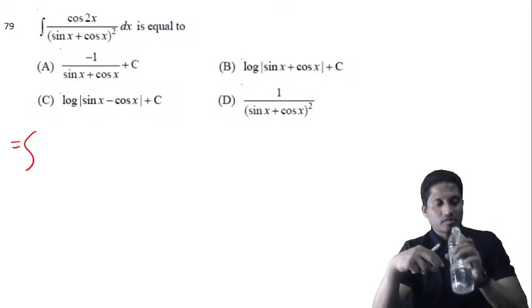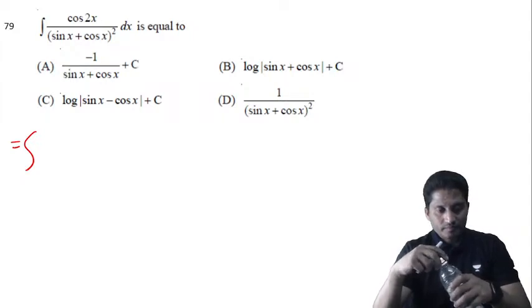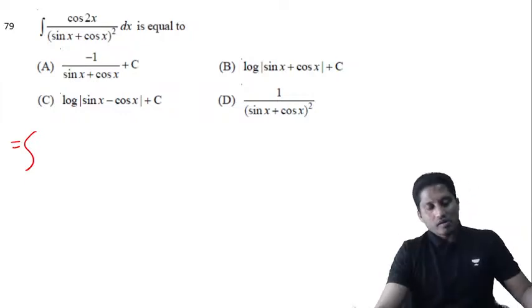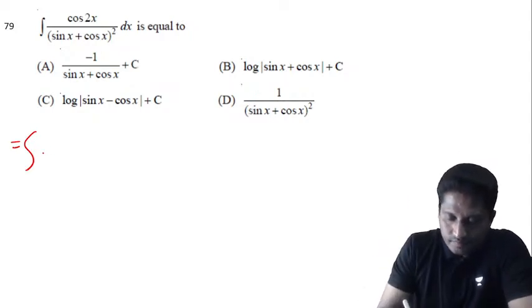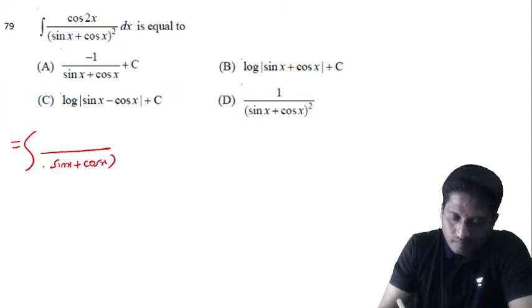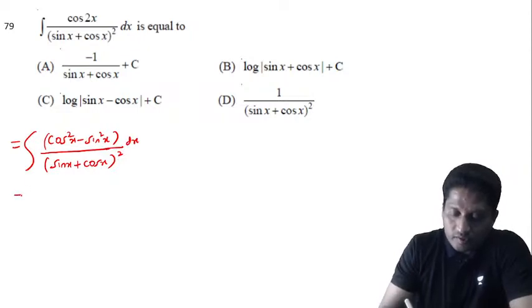Cos 2x upon (sin plus cos) the whole square. 2 cos x sin x is sin 2x, right? And cos 2x can be written as cos square x minus sin square x. Cos square minus sin square is cos 2x, and cos square plus sin square is 1.